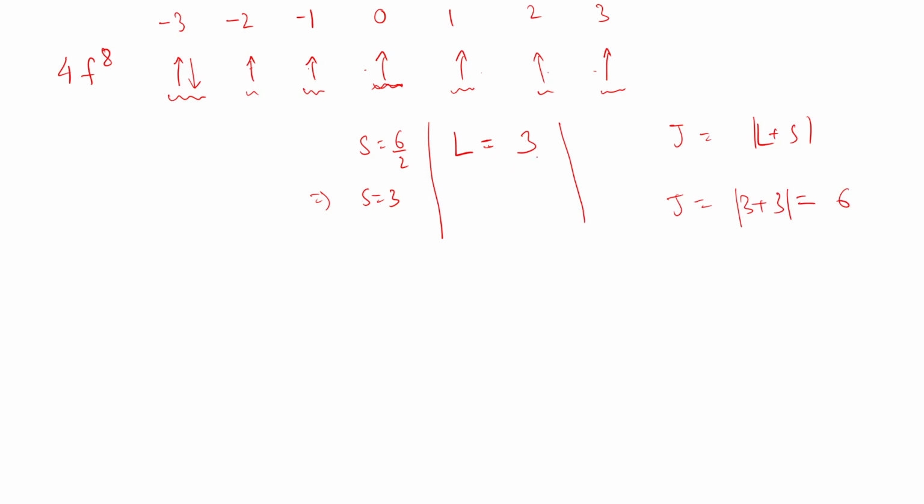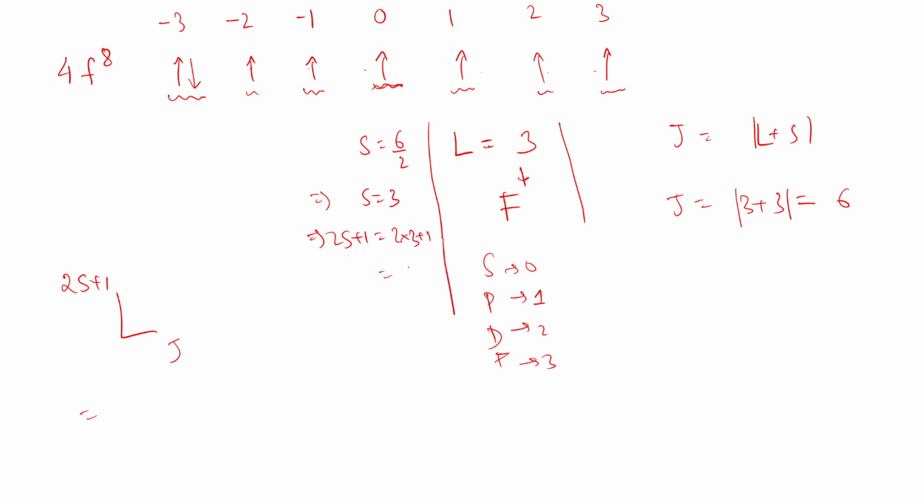So L equal to 3 corresponds to F orbital. It is S P D F, and this corresponds to 0, 1, 2 and 3. Now we'll calculate the term symbol, which is 2S plus 1 L J. 2S plus 1 is 2 into 3 plus 1, which is nothing but 6 plus 1, 7.